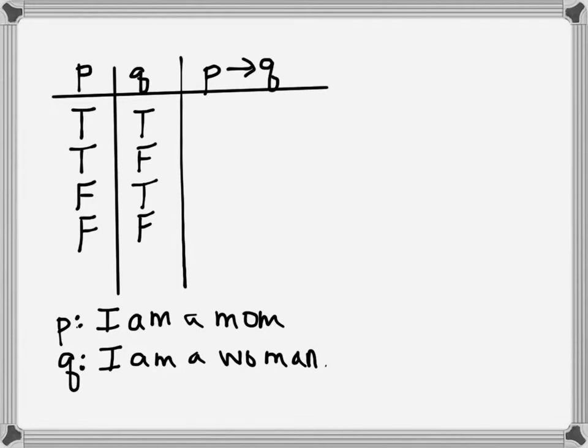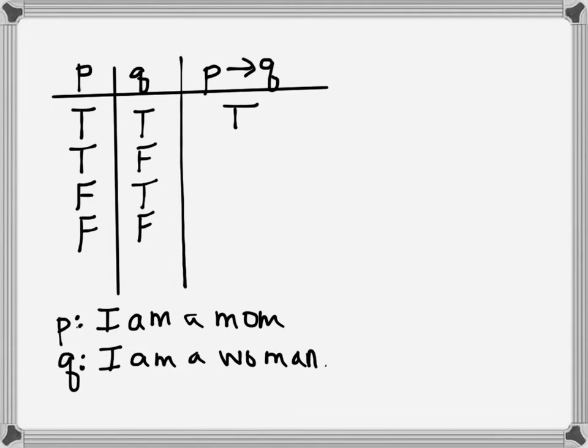So the person out in the hallway says, and it's me, Dr. Hands, "I am a mom." Is it necessarily true then that I'm a woman? Yes, it absolutely is. So this is a true statement right here. If I'm a mom, then I'm a woman. Absolutely true.